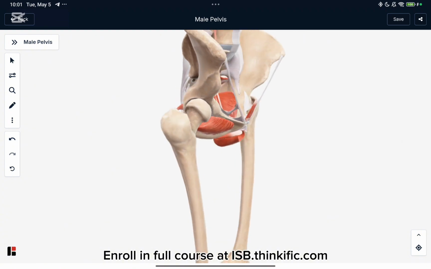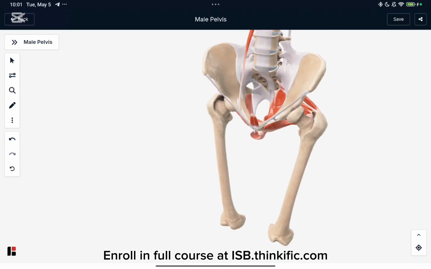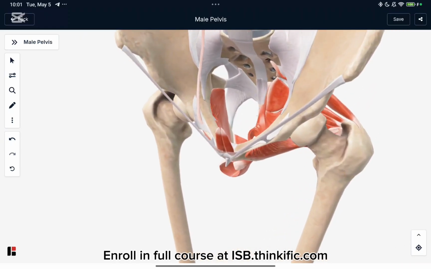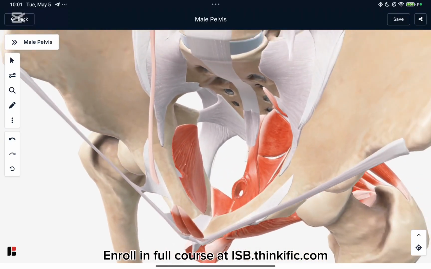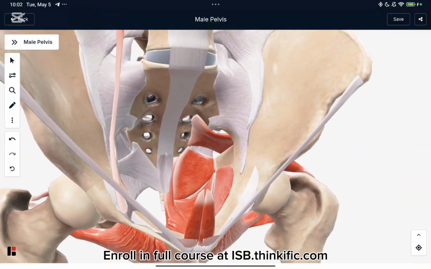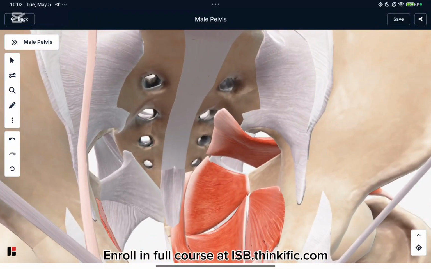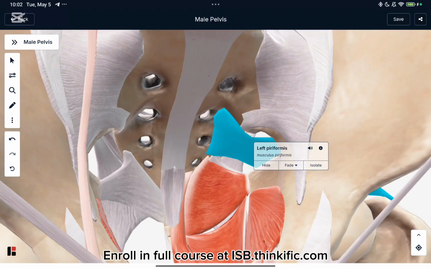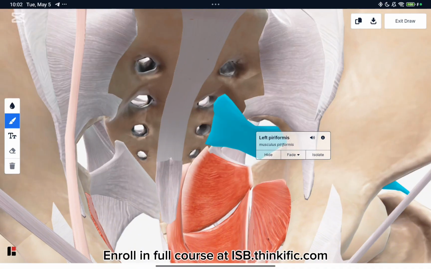Now I want to talk about another muscle, which is also so special and so important in the exam. I'm going to talk about it now on the left side. Okay, I'm talking about this one, guys, which is piriformis muscle. Piriformis. Now, the piriformis muscle originates from the front of the sacrum.